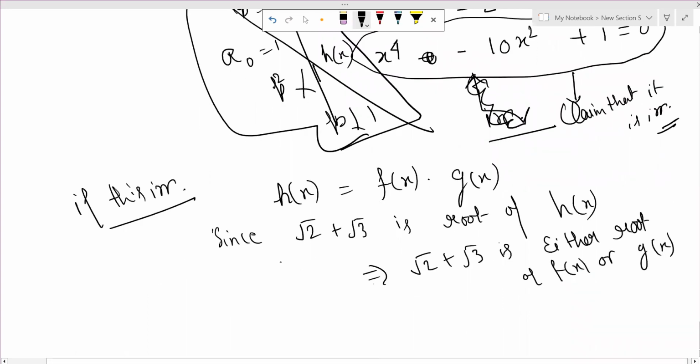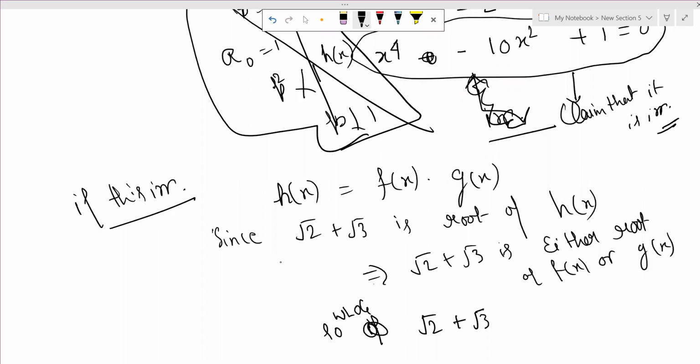So without loss of generality, assume that root 2 plus root 3 is a root of f(x).